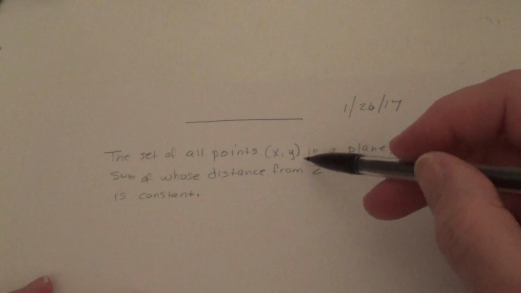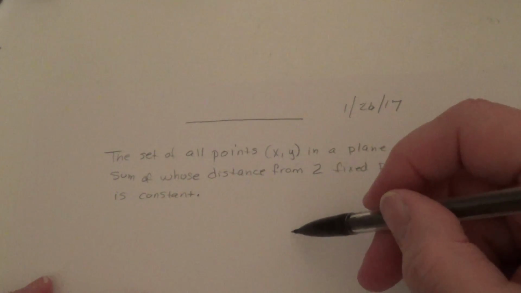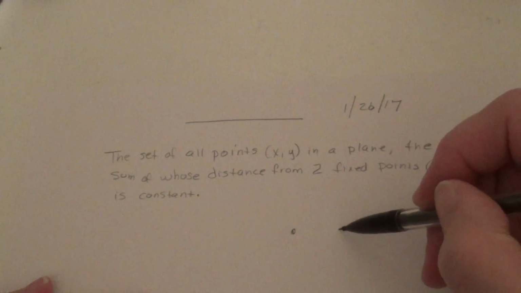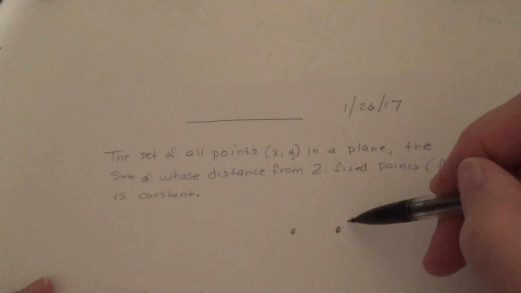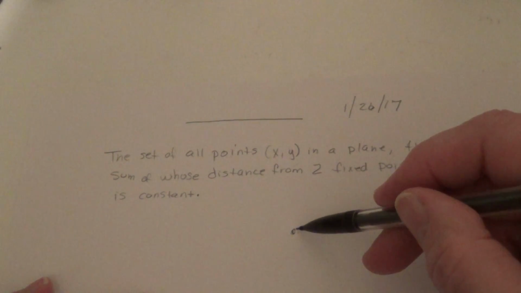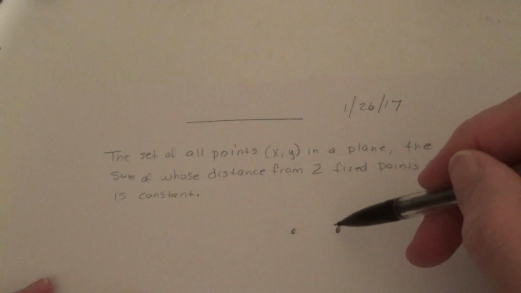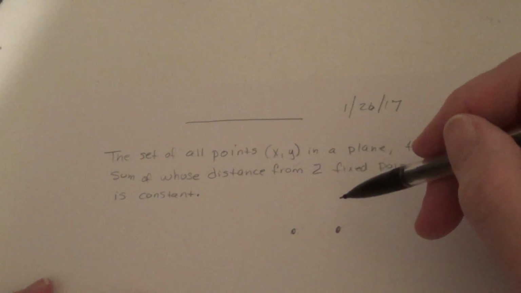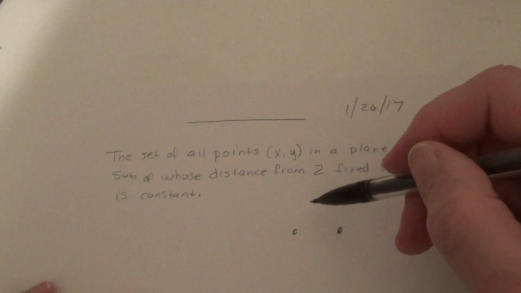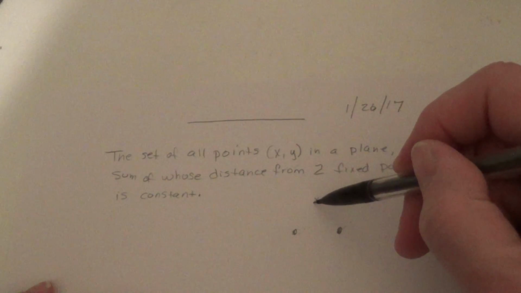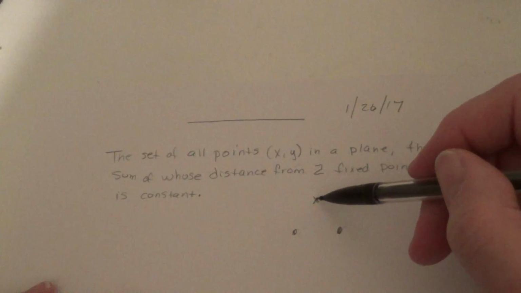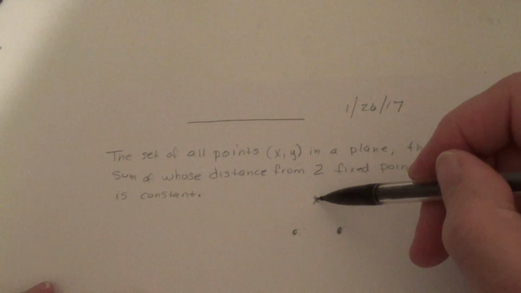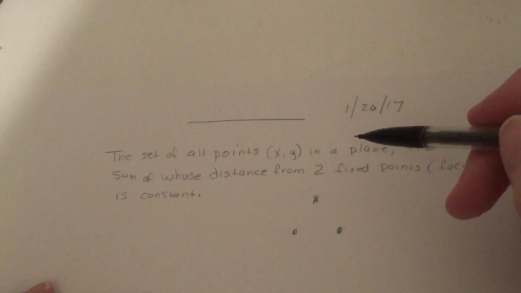So say I have two fixed points. They're called foci. One focus, two foci. Now I am looking at a point, I'll call it x, that has an x and y coordinate, but just being general, I'll put an x there.